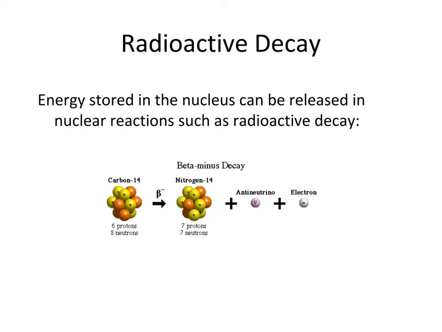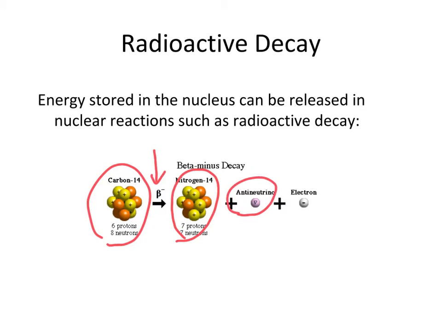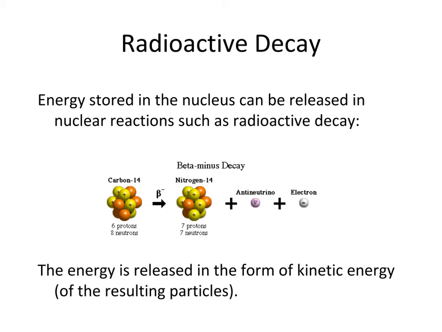So carbon-14 decays through beta minus, and we get a nitrogen-14 nucleus emitted plus an antineutrino and an electron. The energy is released in the form of kinetic energy, so that means that these particles are moving, sometimes with very high speed.